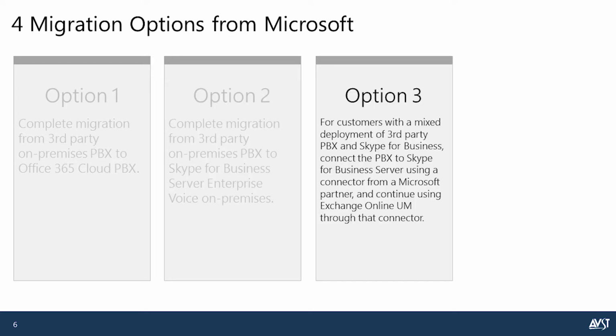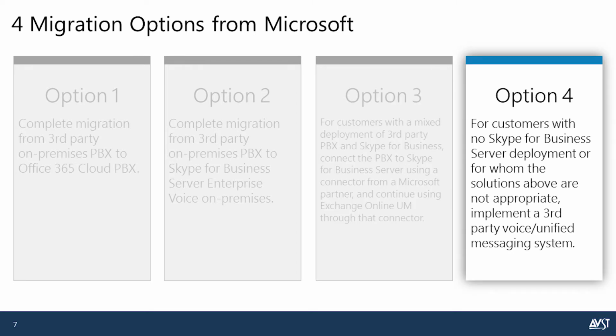Option number three is kind of a hybrid of those, where it is possible to deploy some Skype for Business components on-prem and integrate your PBX into that to then push out to the Office 365 environment.